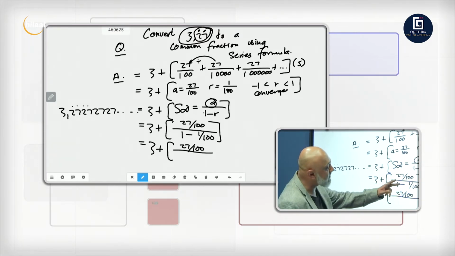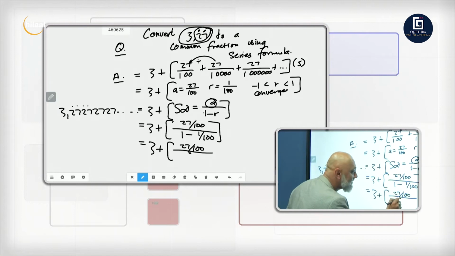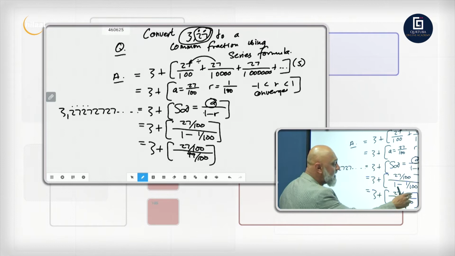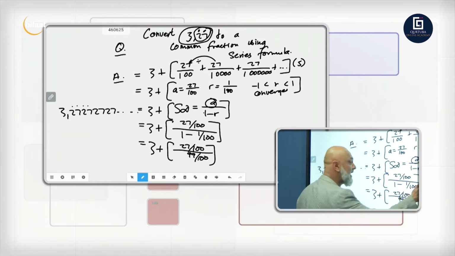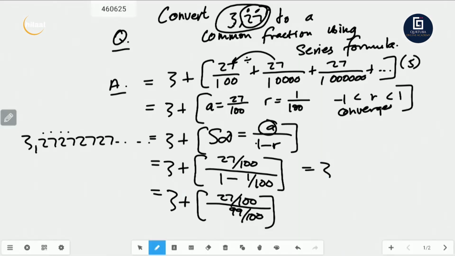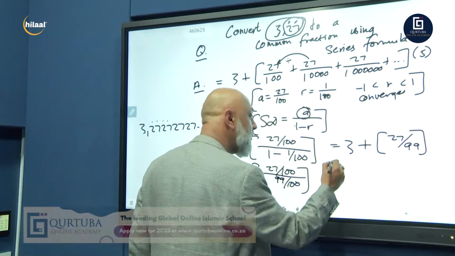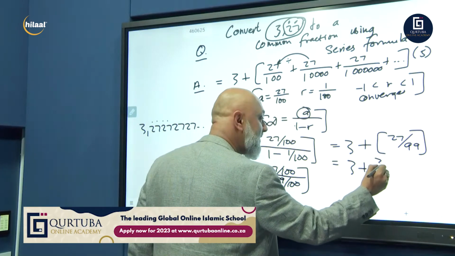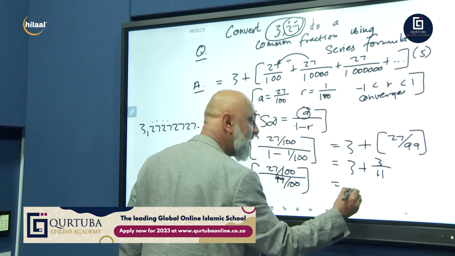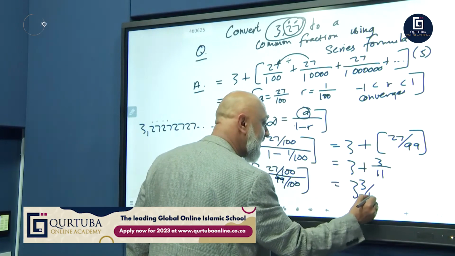So 100 over 100 minus 1 over 100 is 99 over 100. And times 100 over 99. I'm going to move over to the side. It's 3 plus, what's in our brackets is going to be 27 over 99, which is equal to 3 plus 3 over 11. Your final answer is 3 and 3/11.